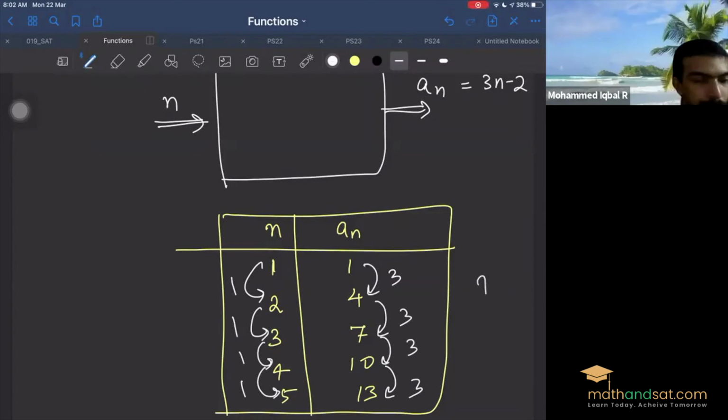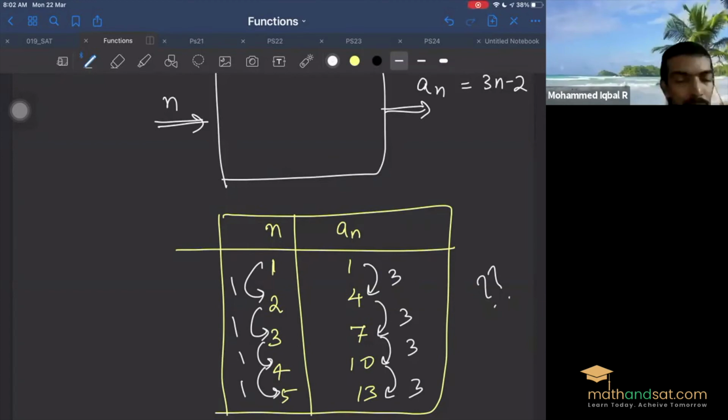So does this represent a linear relationship? Yes, it does, right? Why? Because if you take constant differences in n, the differences in an will also be a constant.